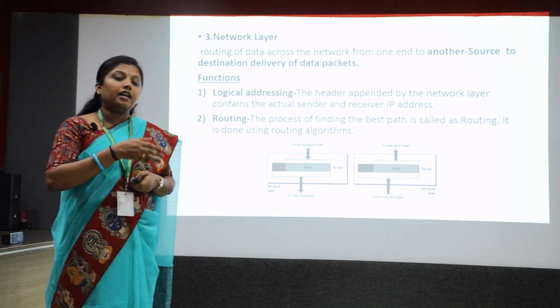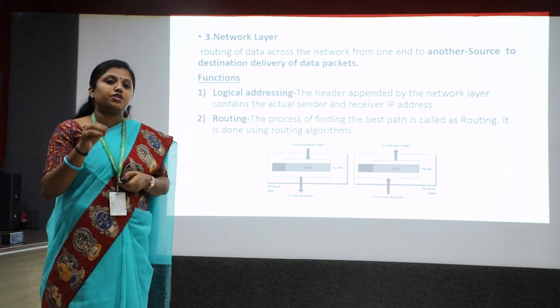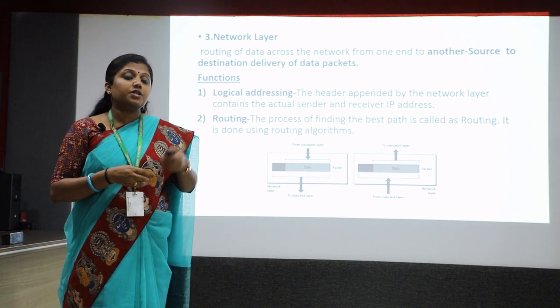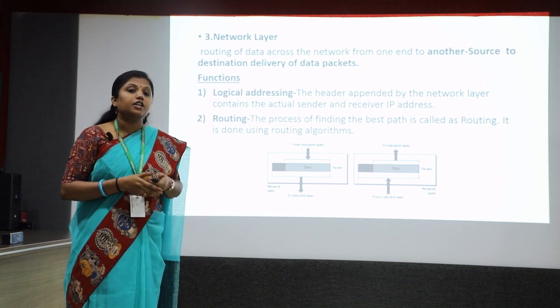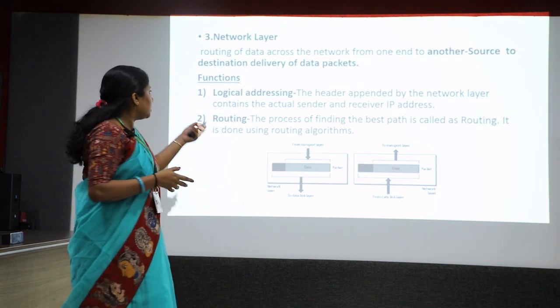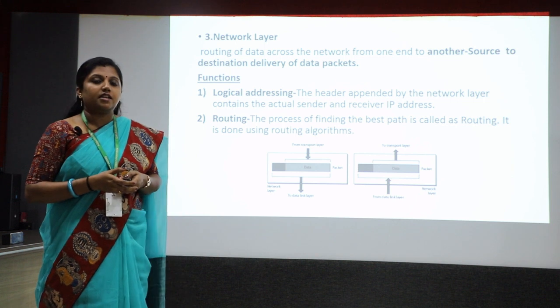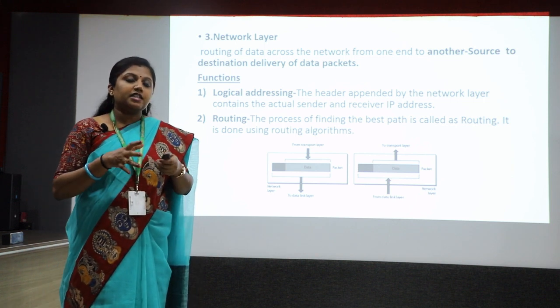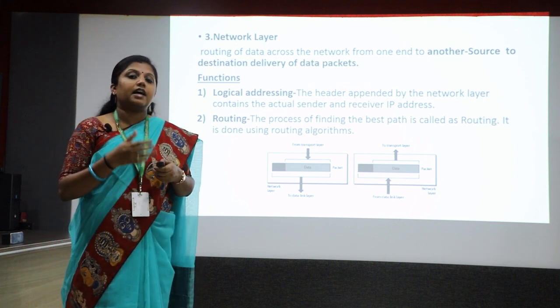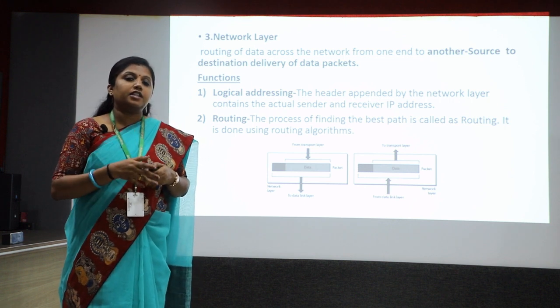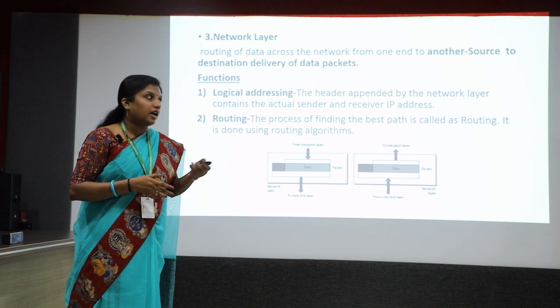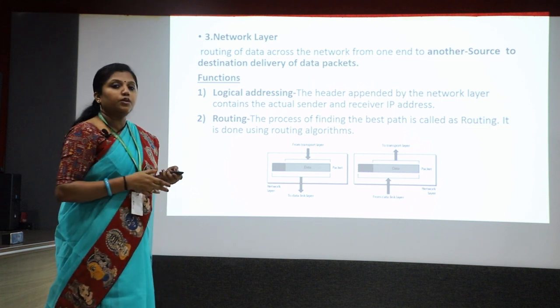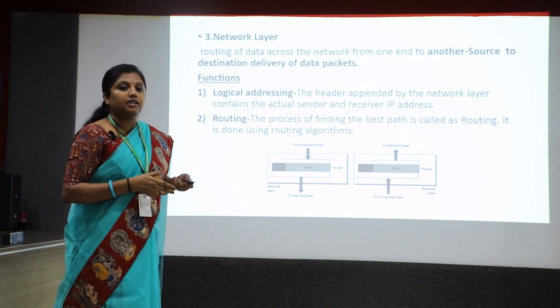As the data link layer adds a physical address to each data frame, the network layer adds the IP address of the sender and the receiver to each data packet. That is known as logical addressing. And routing, finding the best path for each data packet to travel through the network to reach the destination, is known as routing. So routing and logical addressing are the two important functionalities provided by the network layer.